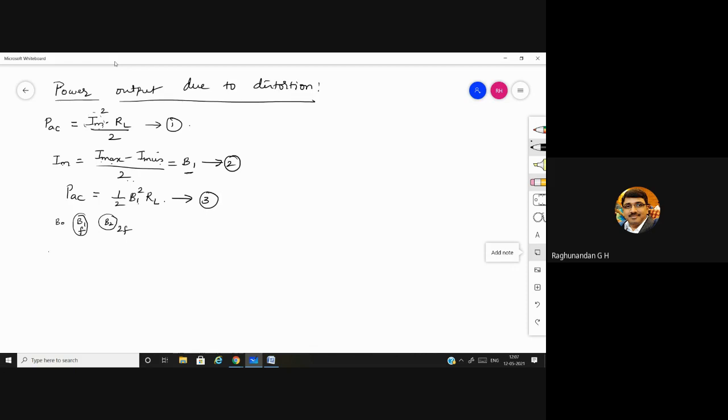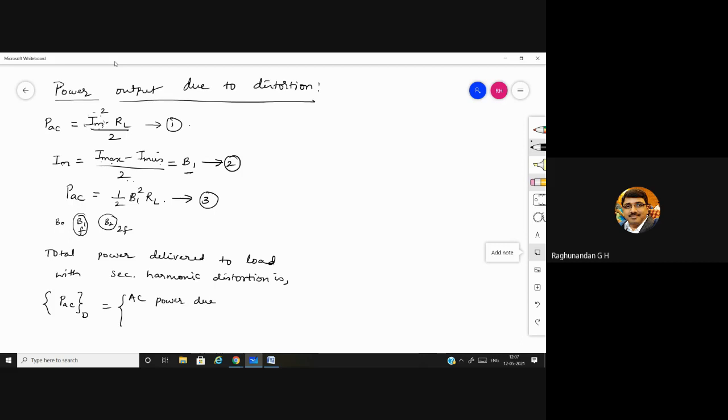Now the total power delivered to the load with second harmonic distortion is PAC D, which is equal to the AC power due to the fundamental component plus the AC power due to the second harmonic distortion.